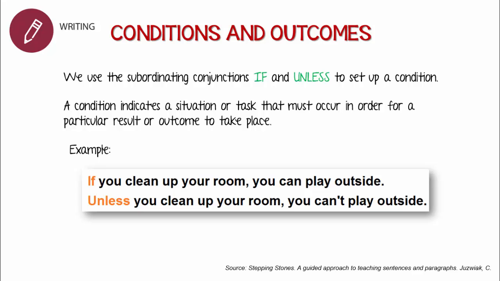In the first sentence, if something happens, the second thing is going to happen. In the second example, if something doesn't happen, the other thing won't happen either. Remember that when you use unless, you have to use a negative in the second part of the sentence.